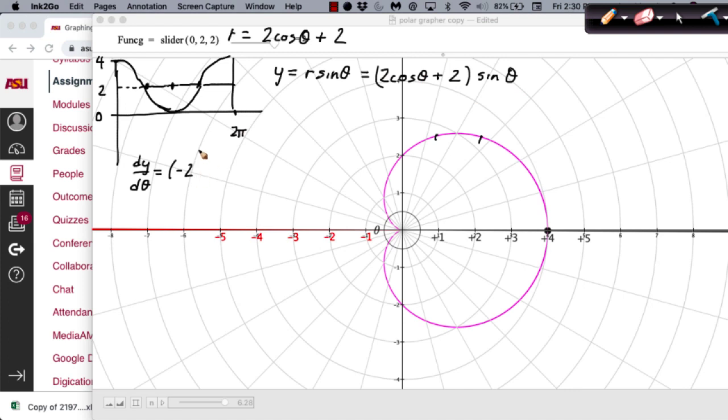I'm going to use C and S for cosine and sine. It saves a lot of writing and space. So it works good as long as you know what you're doing. So negative 2 sine theta, the derivative of the first, times the second, plus the first times the derivative of the second. So that's product rule on our y as a function of theta.